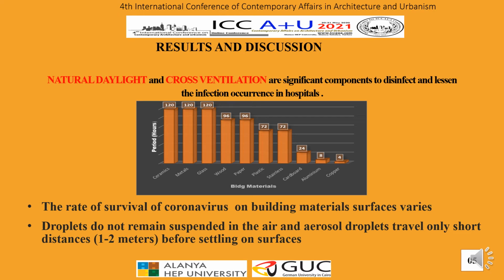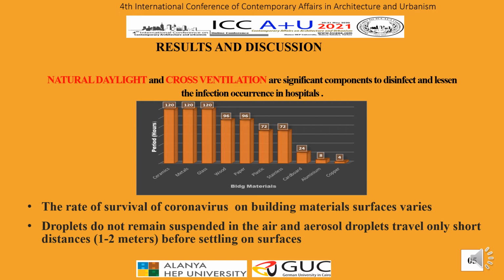From the papers that were reviewed, the study established that natural daylight and cross ventilation are significant components to disinfect and lessen infection occurrence in hospitals. In other words, natural daylight and cross ventilation could be a panacea for the control of the spread of coronavirus in the present pandemic.